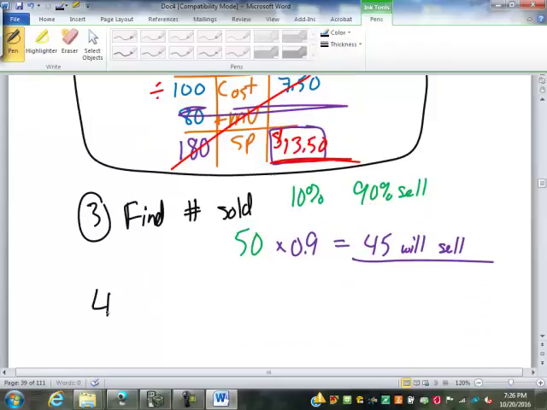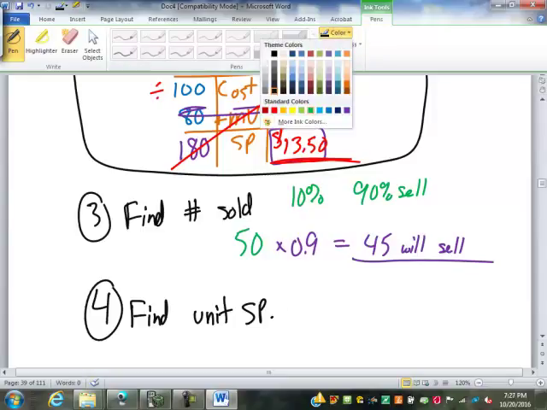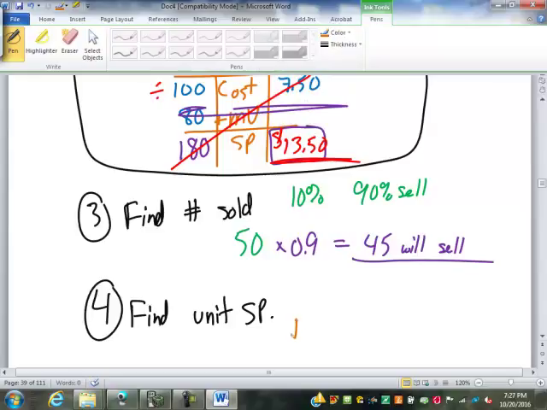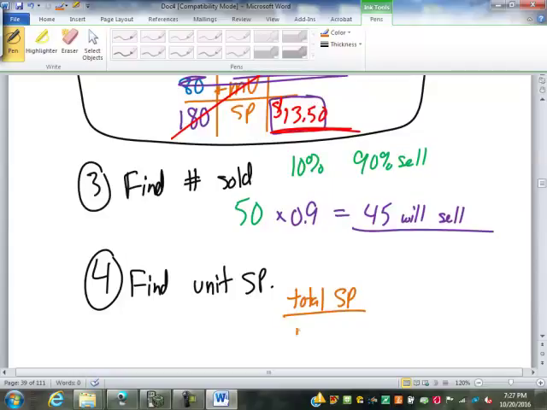Step 4. Find the unit selling price. In other words, that's the selling price per unit. How do we find the unit selling price? We take the total selling price divided by the number we expect to sell. So that's going to be the $13.50 divided by 45, which is going to give us how much? 30 cents.